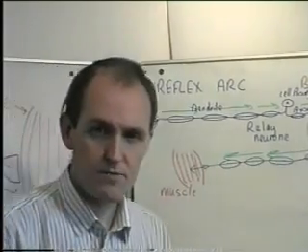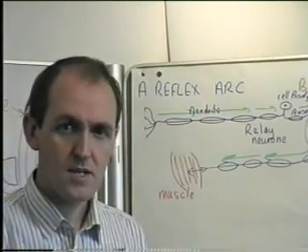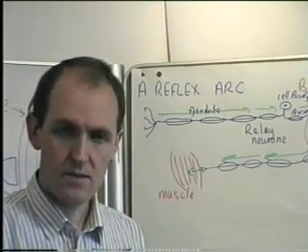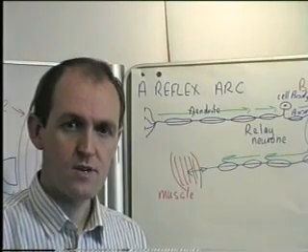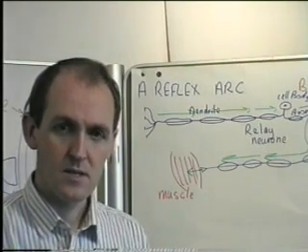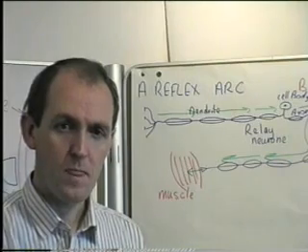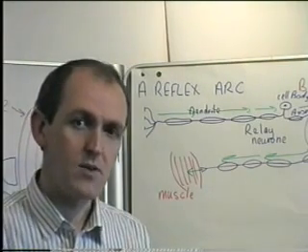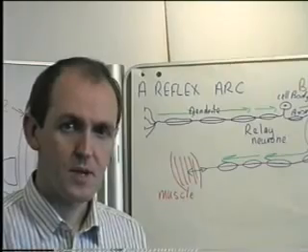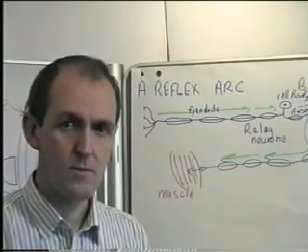So these are the three components of a reflex arc. The sensory neuron detects some pain or some sensation in the periphery. That's transmitted to the spinal cord, goes across the spinal cord with a relay neuron, leaves the spinal cord via a motor neuron, where it causes a muscle to move.